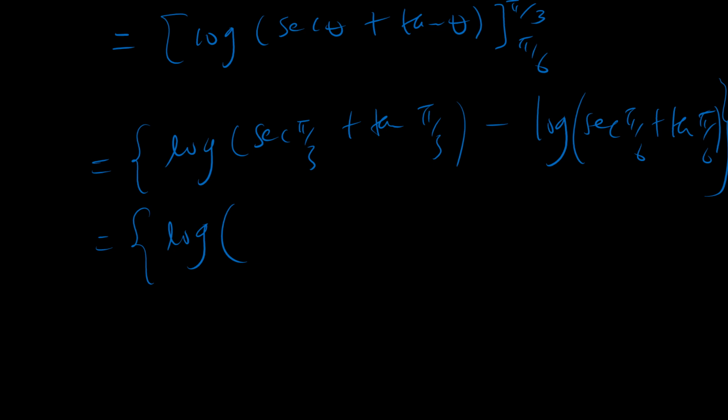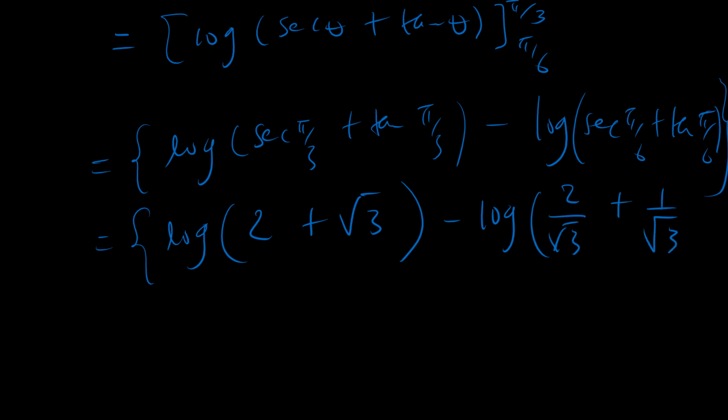Cosine of pi over 3 is a half, so 1 over half is 2. And tangent of pi over 3, as we saw previously, is root 3. Minus log of sec pi over 6, that's the same as 1 over root 3 over 2. So this is 2 over root 3 plus 1 over root 3, which is the tangent of pi over 6.